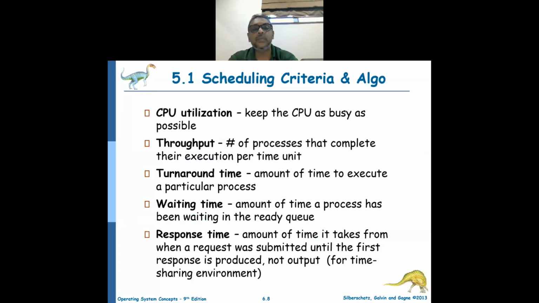That is calculated. So how does the operating system choose what process to bring up? It has a few criteria. It has to look at CPU utilization; throughput, the number of processes that complete execution per time unit; turnaround time, the amount of time to execute a particular process, meaning the total turnaround time; the waiting time, how long the process has to wait; and the response time.